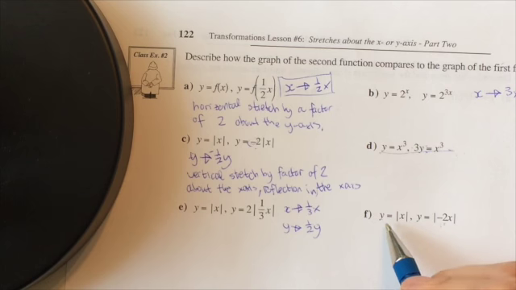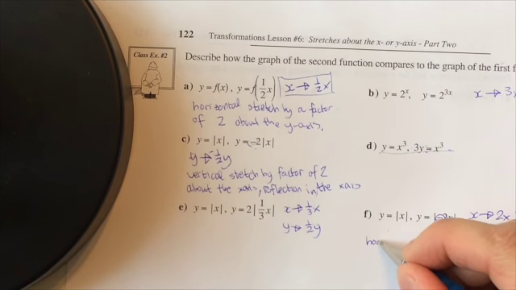Now let's look at the absolute value function over here. So if I look at my values of x, don't let these absolute values intimidate you, my value of x was mapped to 2x, but I also have a reflection occurring here, which would be negative x. And if I combine those two transformations, then my values of x are being mapped to negative 2x.